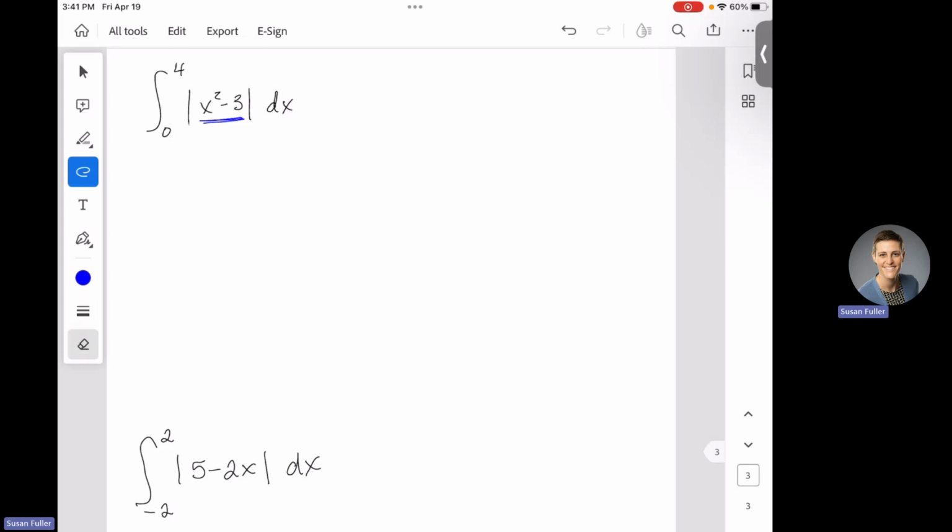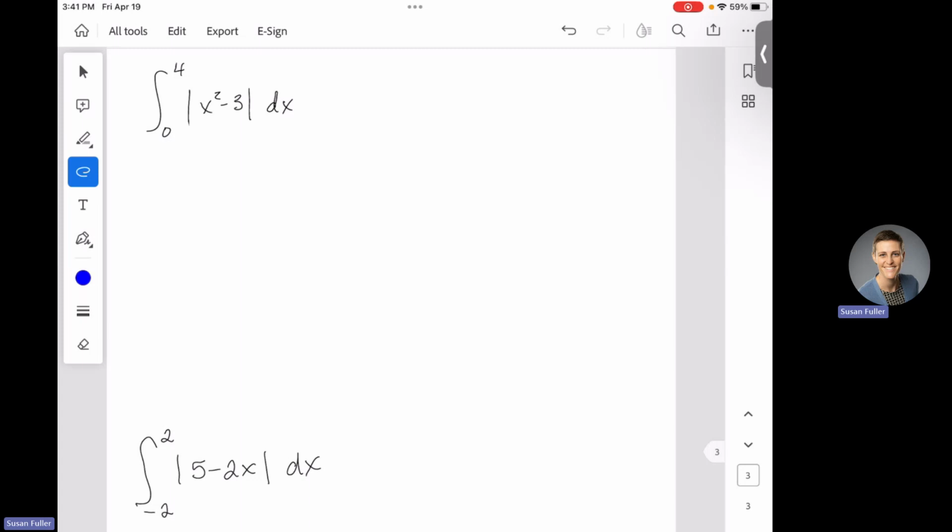Now, how do I do that? Well, you have to figure out where the function inside the absolute value bars is above the x-axis, where our y values are positive, and where that function is below the x-axis, where our y values are negative.